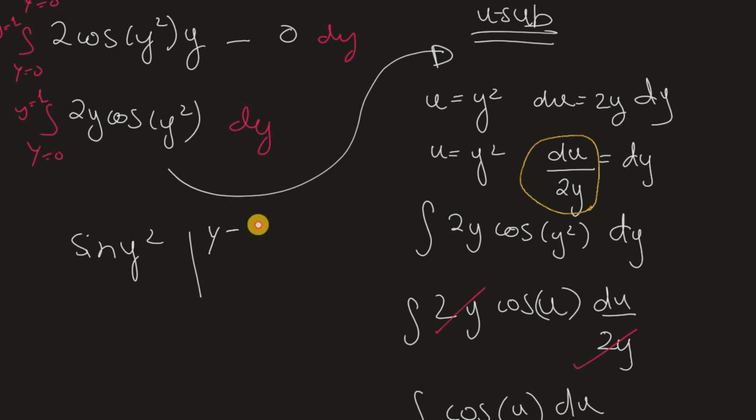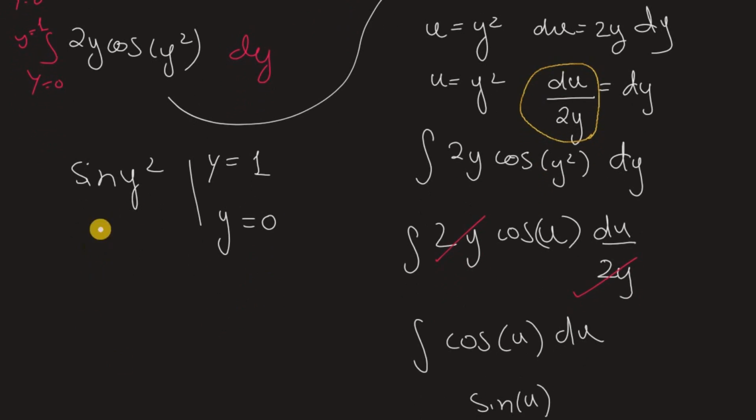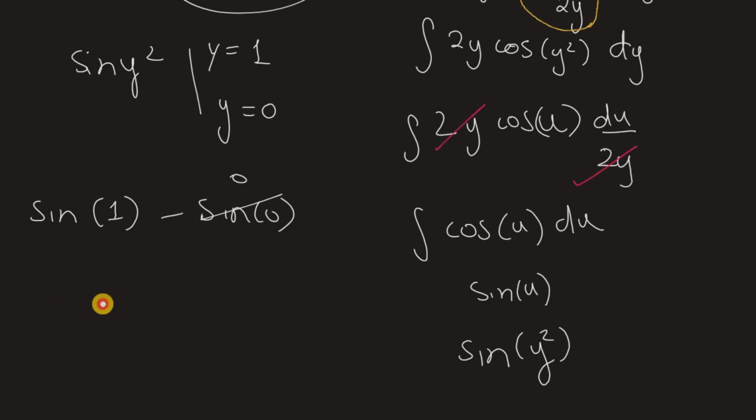Now you can plug in y equals 0 and y equals 1. Let's put 1, and then we put sine 0. Sine 0 is 0, and you're left with sine of 1, and this is your final answer.